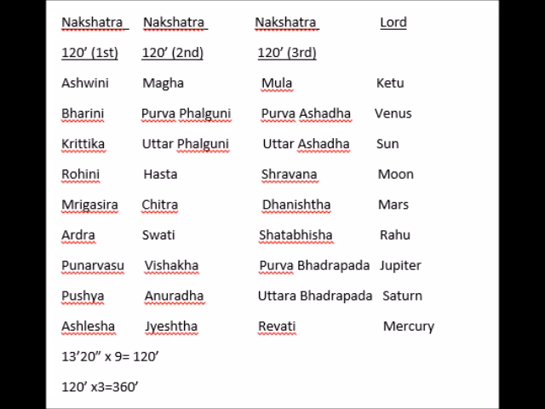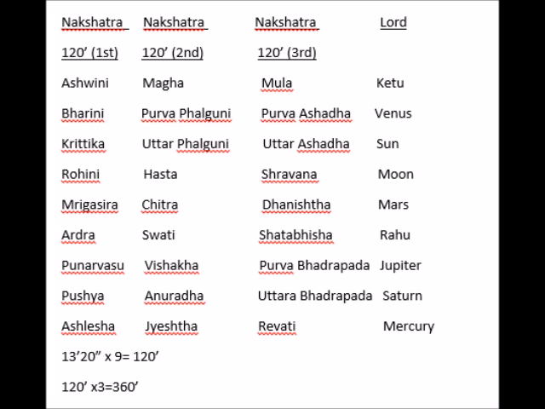So it'll be Leo, Virgo, Libra, and Scorpio. Between Magha and Jyeshtha, it'll be 4 zodiac signs, which are Leo, Virgo, Libra, and Scorpio. So Jyeshtha will end in Scorpio.